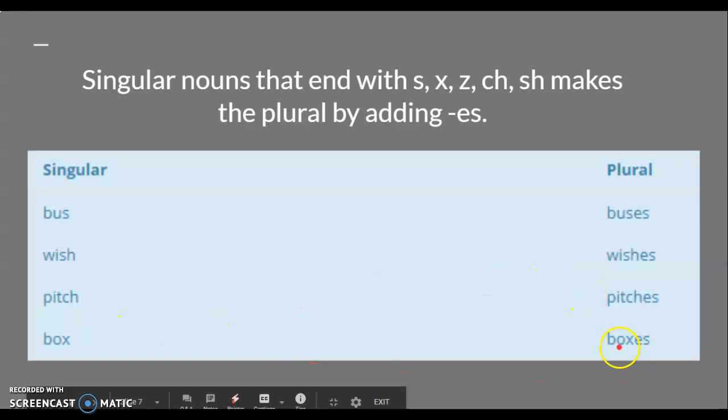Box, boxes, okay? So this ends with an S. That's how we know to add ES. SH, we add ES. This ends with CH. We add ES. This ends with X. So we add ES. So when we have singular nouns that end with S, X, Z, CH, SH, you're going to add ES.